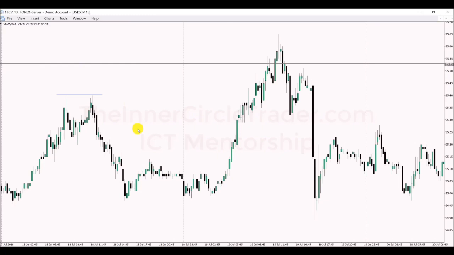Well, we're going to incorporate a couple of things here. I want you to look at the daily dividers here with our 20 and 4, which is going to be our midnight and beginning point for the central bank dealer's range.